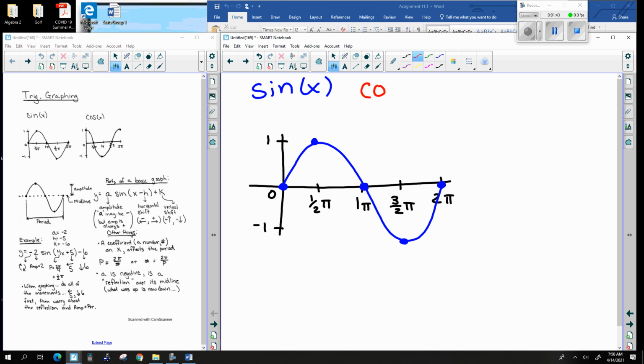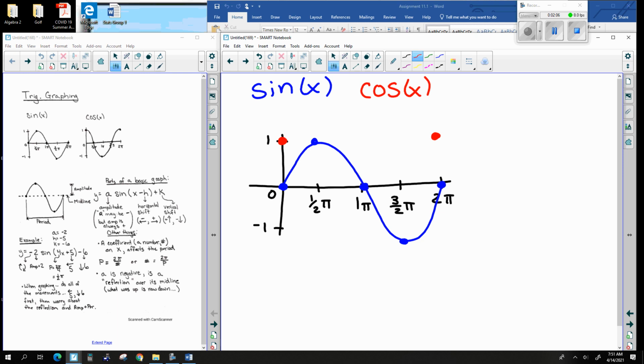A cosine, same type of setup. It starts at 0, goes to 2 pi. Everything is the same, height of 1, depth of -1. However, it doesn't start at the middle and go to the middle, but it starts at the top and ends at the top.